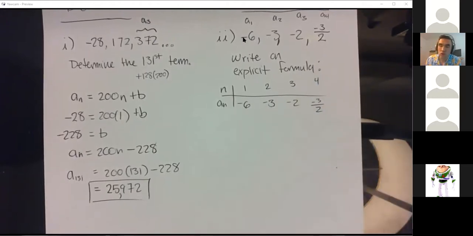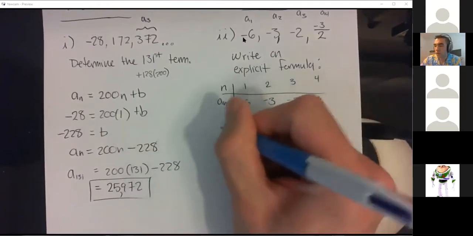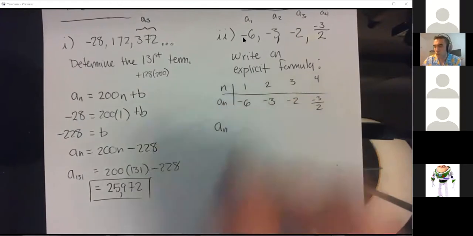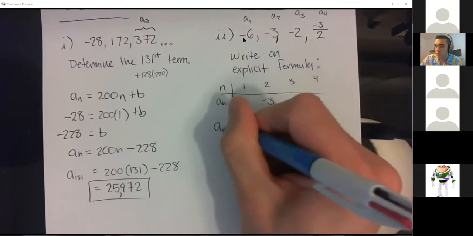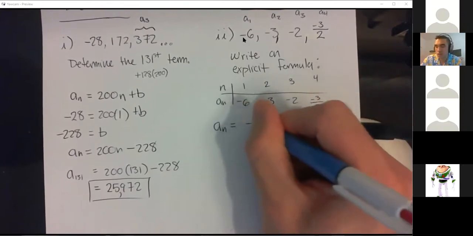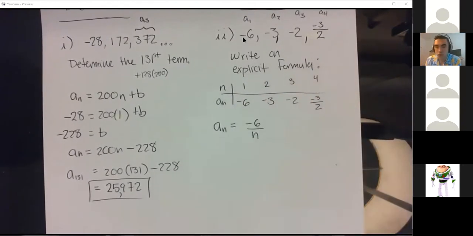So if the thing that's generating this is that it's -6 divided by the term that it is in the sequence, we have a lot of ways that we could write that, which is why when it comes to these sequences, technically there's an infinite number of correct answers, because I could say that this is equal to just -6/n. That's actually sufficient to give us the value in every entry.